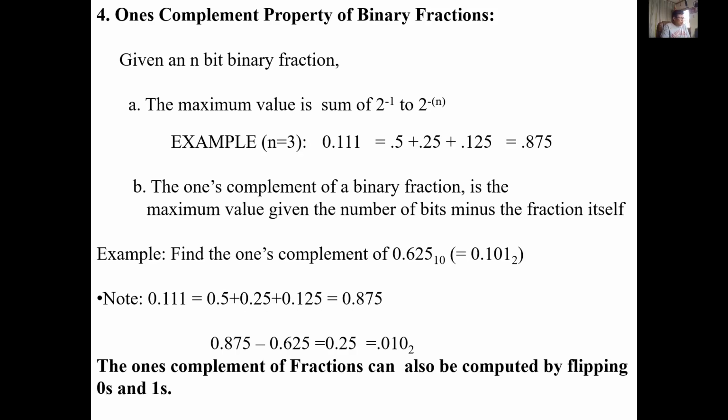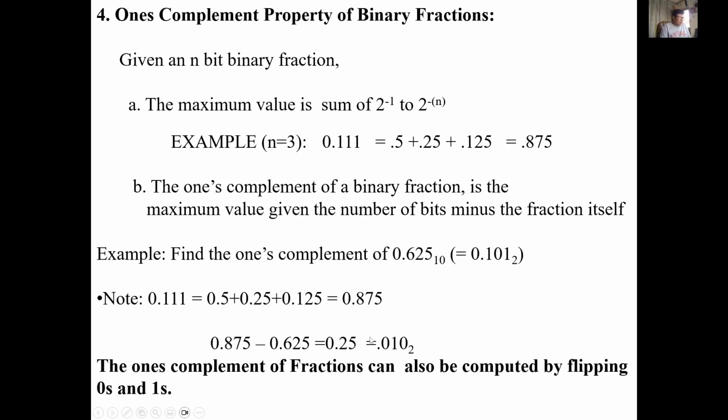So if you subtract 0.625 from 0.875, take note, we are computing using the highest value. The highest value is 111, and 101 is 0.625. So the highest value of 0.875 minus the given value of 0.625 equals 0.25.